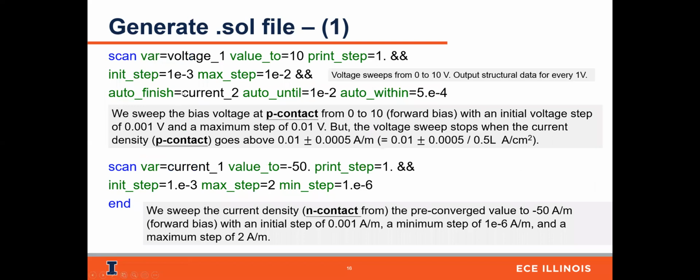Once we obtain a good initial guess, then we ramp up our voltage from 0 volt to 10 volts, and we switch the bias voltage at the P contact from 0 to 10 volts with an initial voltage step of 0.01 volts and a minimum step of 0.01. But the voltage sweep stops when the current density, this current 2, goes above 0.01 plus minus 0.005 defined by this auto within.